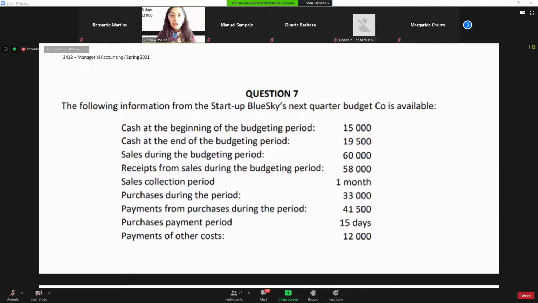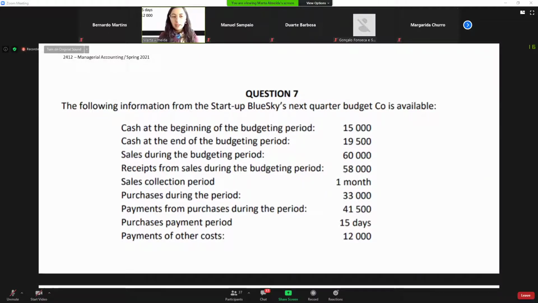The assumption is always that we have a homogeneous level of activity. So if the information is for the quarter, we assume that every month of the quarter we will sell the same quantity. We know that in reality these might be different, and it depends a lot on the business. These types of questions can also ask what is the amount of cash at the end of the period given this and this information.